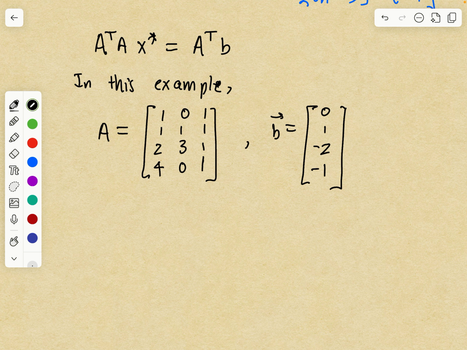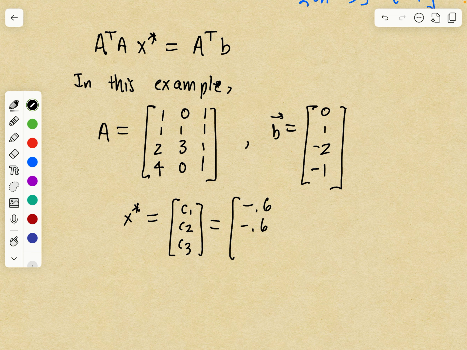If you solve for x star, it's better to use some sort of computer to do this, like a calculator or something. So (c1, c2, c3) is equal to (-0.6, -0.6, 1.3).